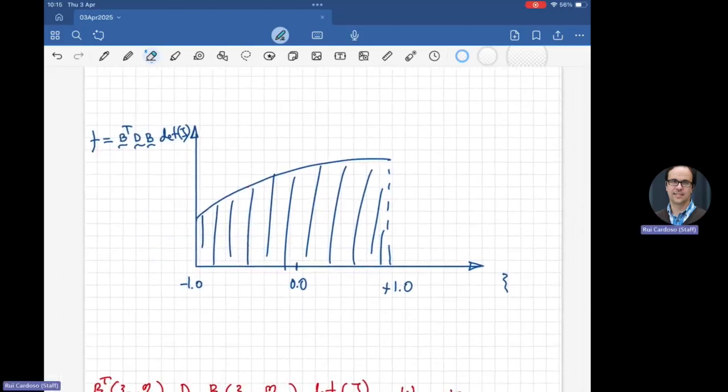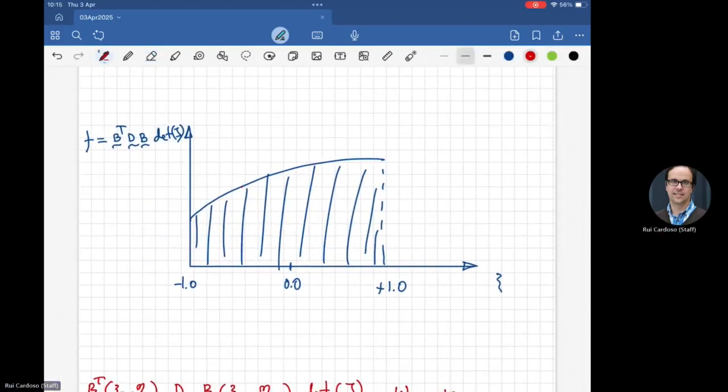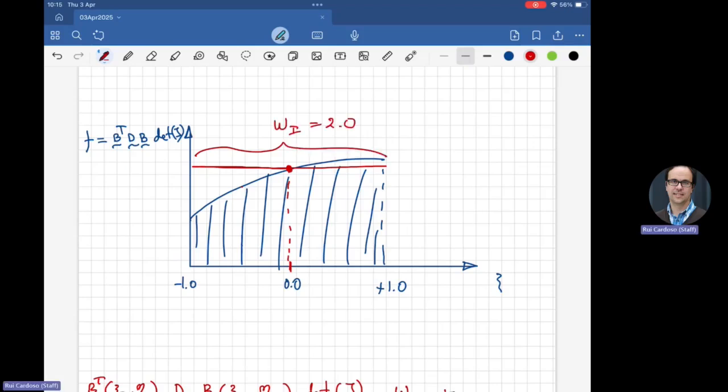Okay, so reduced integration. The point we use is at the center of the element, this point here. So we calculate the function at this point, and the weight we use is 2.0.